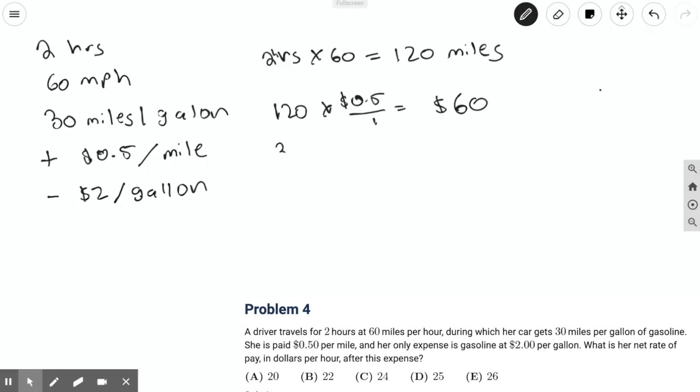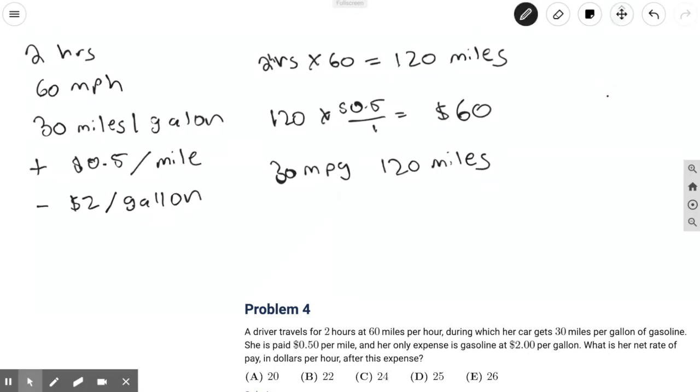Now let's look at how much money she loses. If she can drive 30 miles per gallon and she travels 120 miles, the total amount of gallons she would use would be 120 over 30, which is 4 gallons.